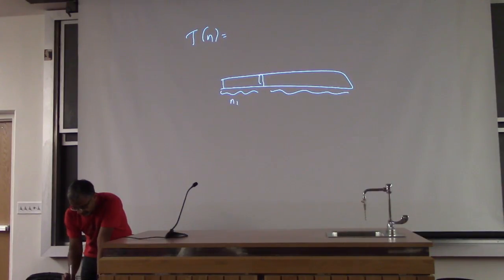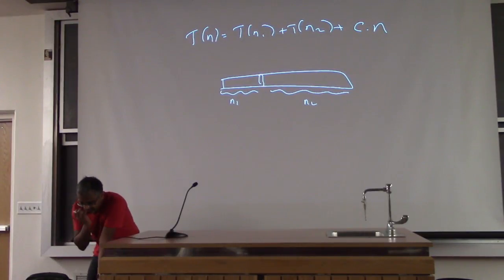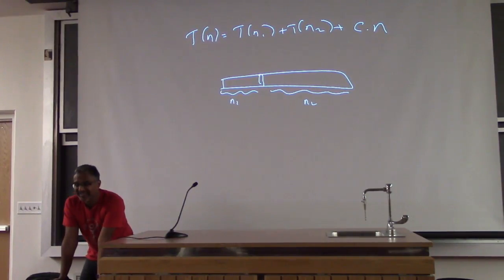So I have n1 and n2. Now what do I do? All I know is that in expectation, n1 and n2 are roughly at least n over 3. We don't know this, but we can sort of show this. Then you can apply the master theorem in expectation.